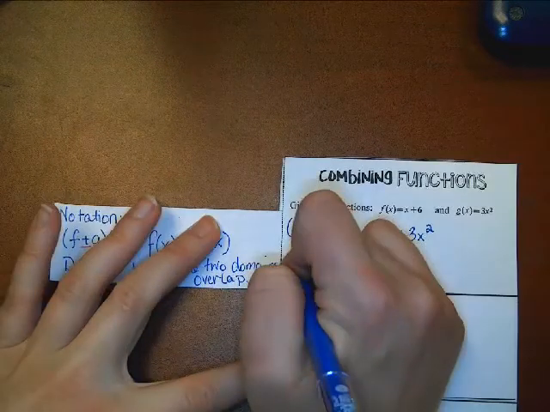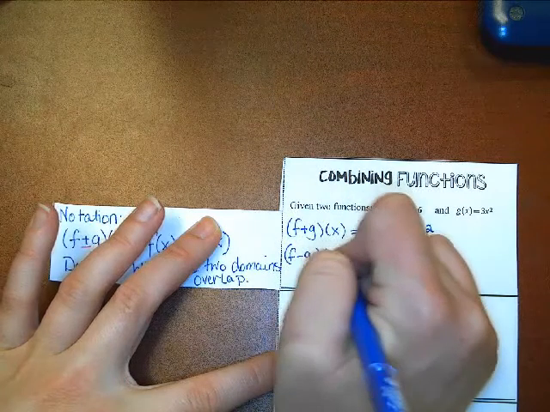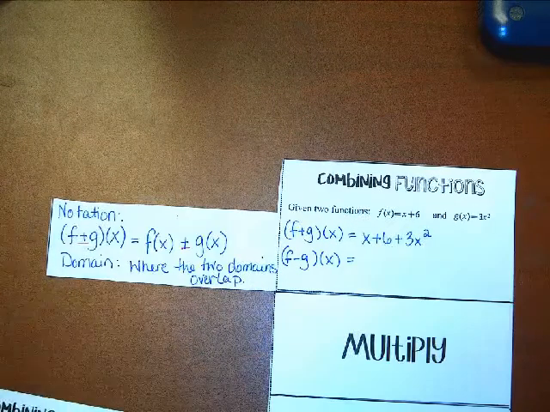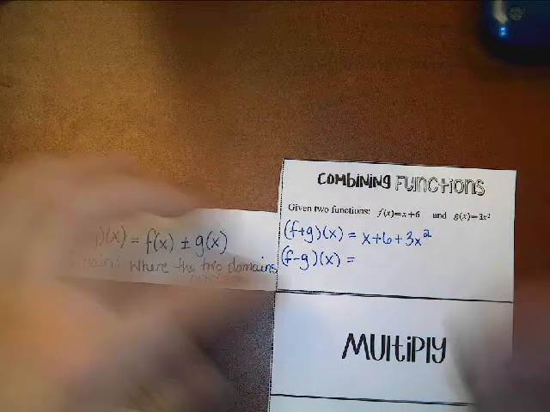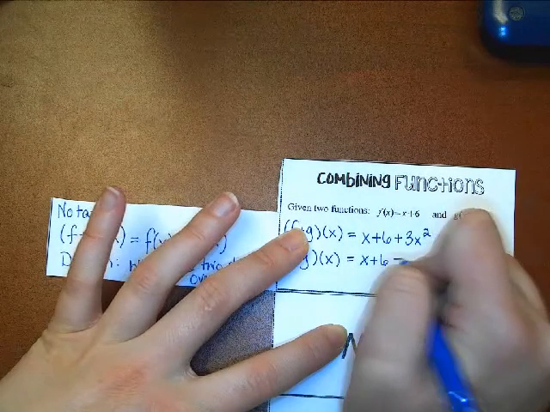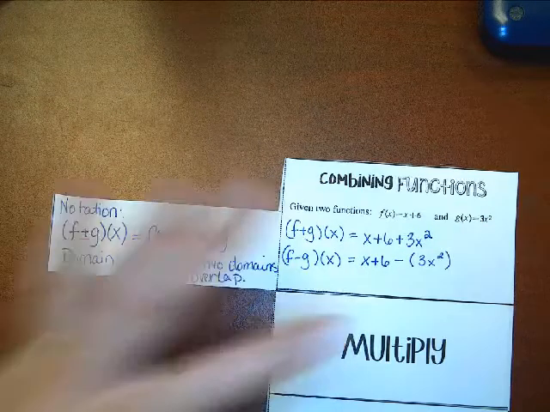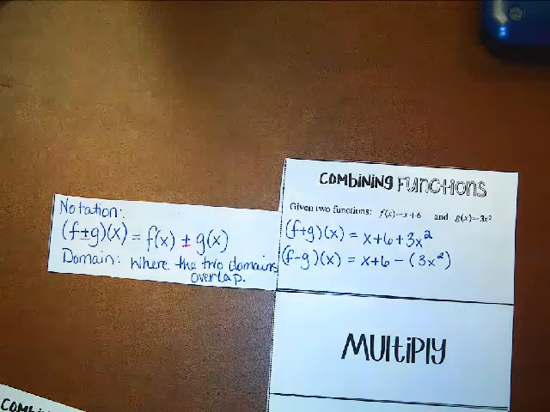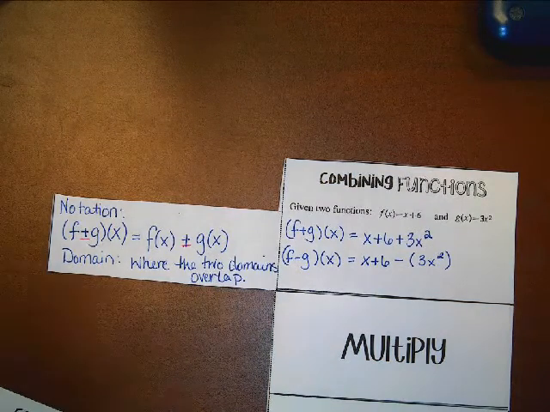So for our example, f minus g of x will be what? x plus 6 minus g of x, which is 3x squared. I don't have very far to distribute that negative sign, so I actually don't need the parentheses.